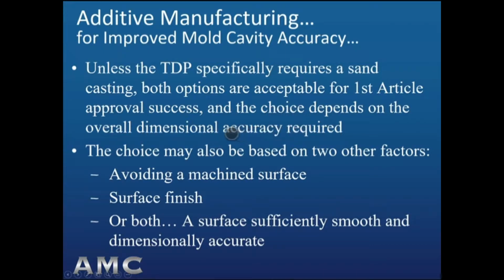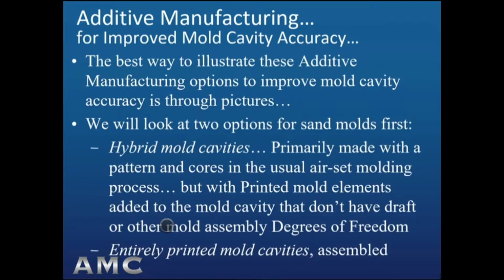The choice may also be based on two other factors: avoiding a machined surface, surface finish, or both, a surface sufficiently smooth and dimensionally accurate. The best way to illustrate additive manufacturing options to improve mold cavity accuracy is through pictures.